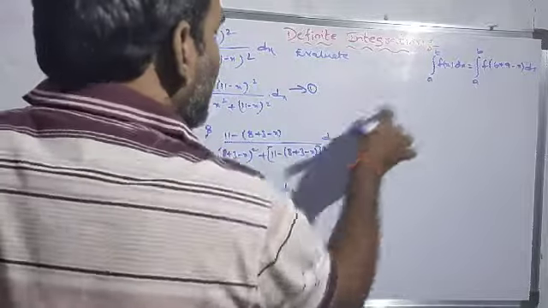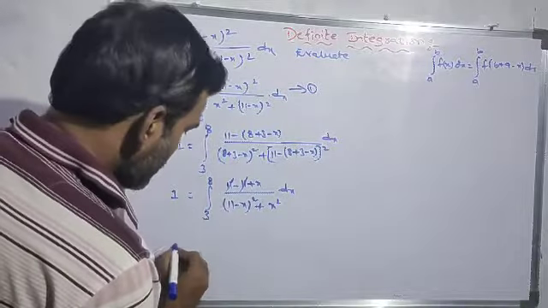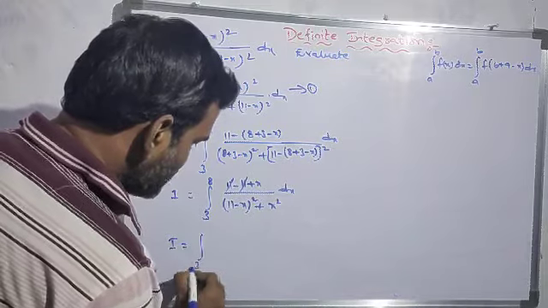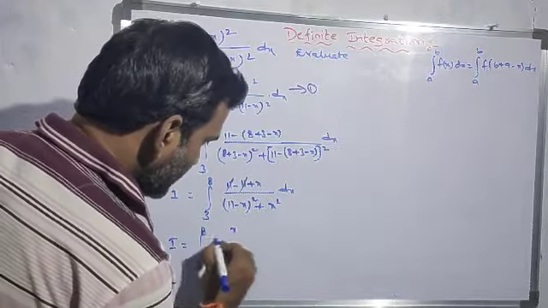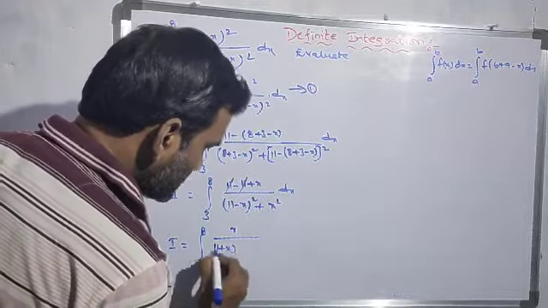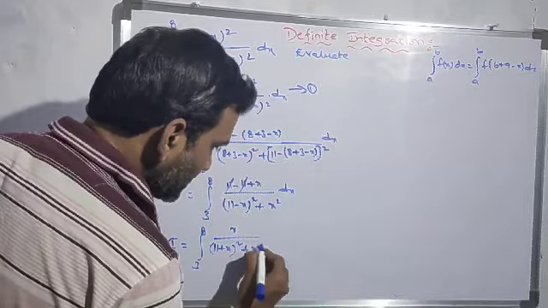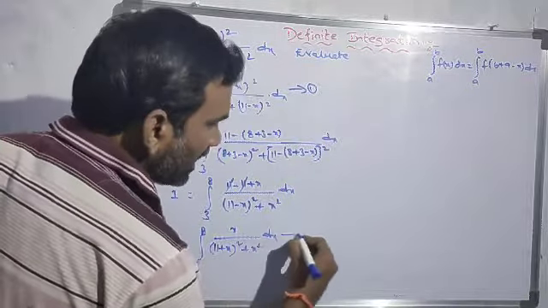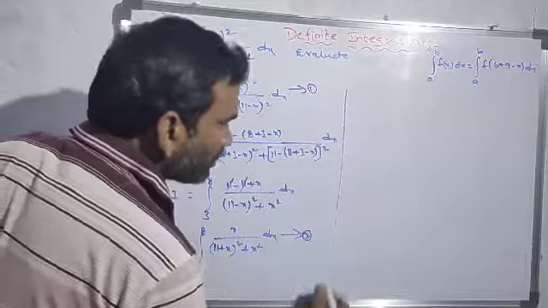I am applying this property again. So again I get I equals the integral from 3 to 8 of x by (11 plus x) whole square plus x square dx. I am taking this as equation 2.